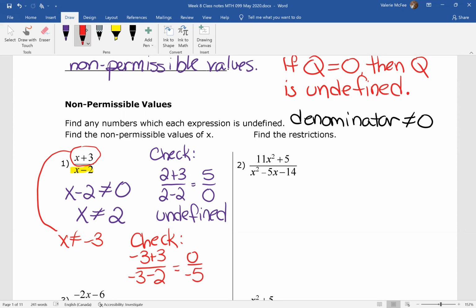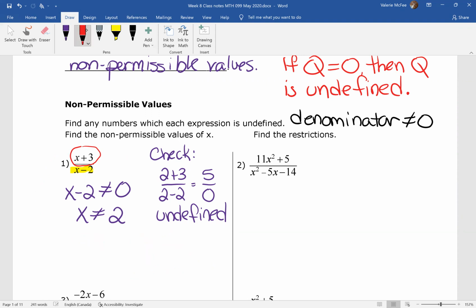What does this equal? That's right, this equals 0. That's not a problem. The numerator is allowed to equal 0. We are only looking at the denominator. The denominator cannot equal 0.